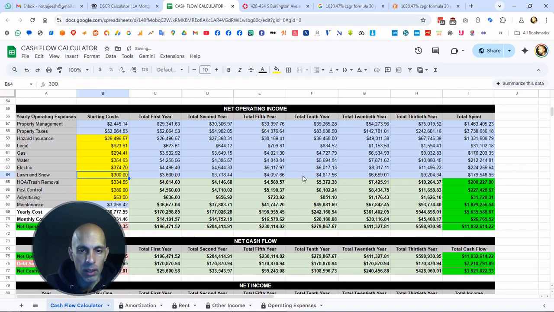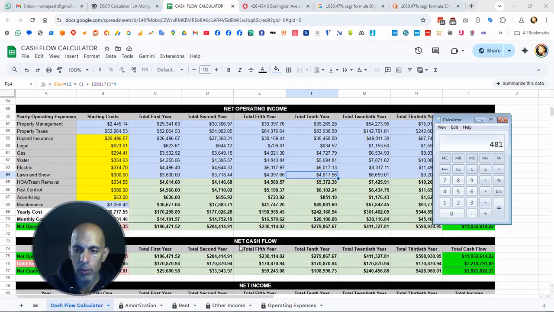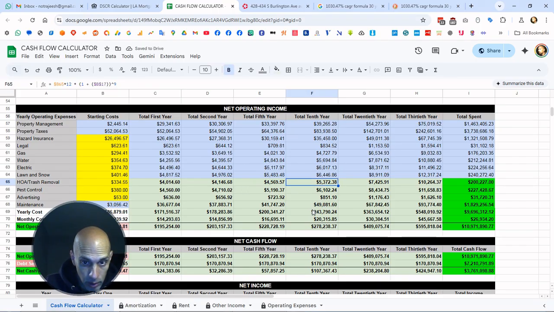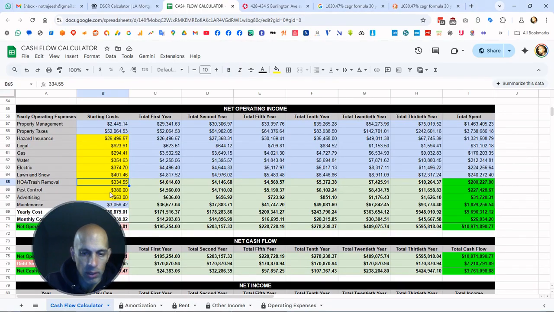Lawn and snow we're showing at 4,817.56 divided by 12, 401.46. Then 5,372.38 divided by 12, 447.70.